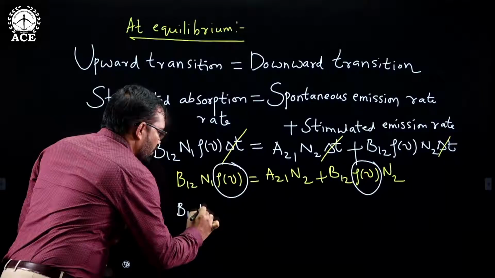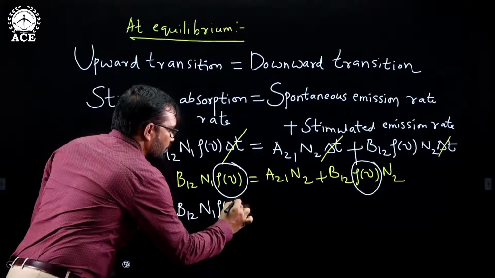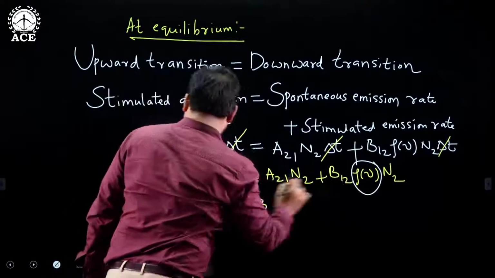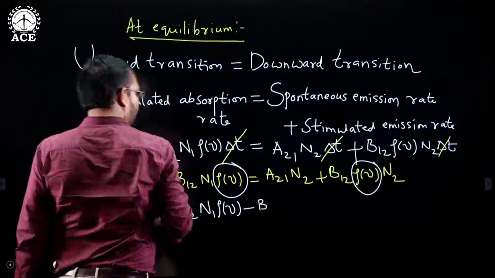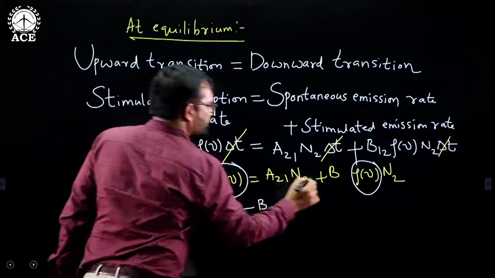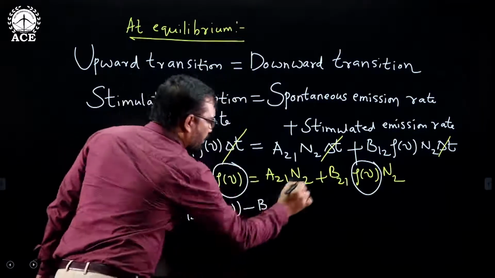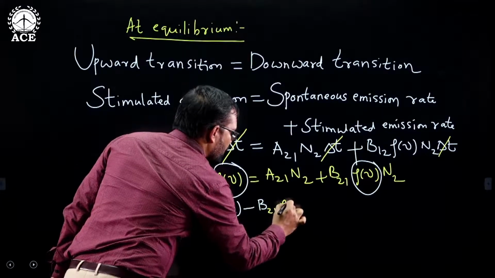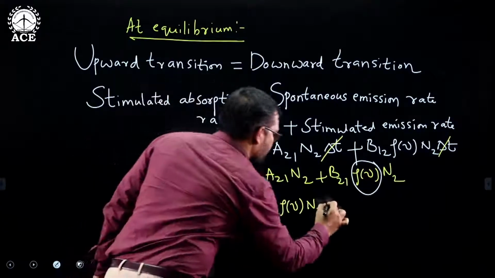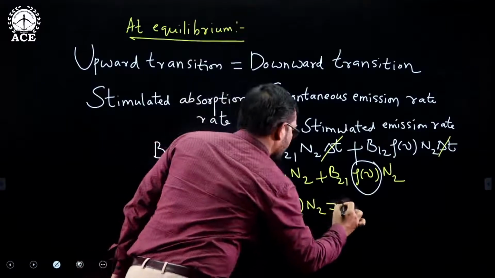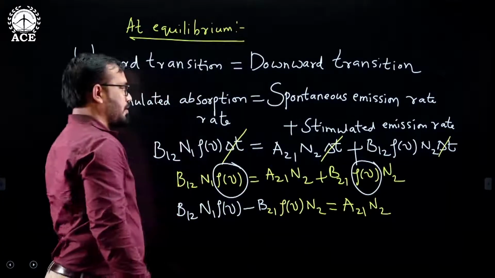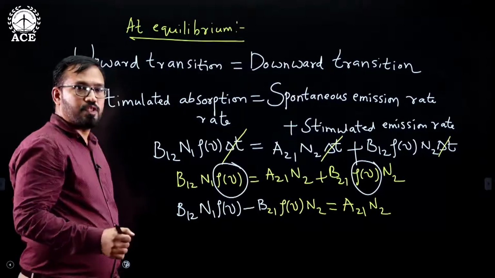B12 N1 rho nu minus B21 N2 rho nu is equal to A21 N2.